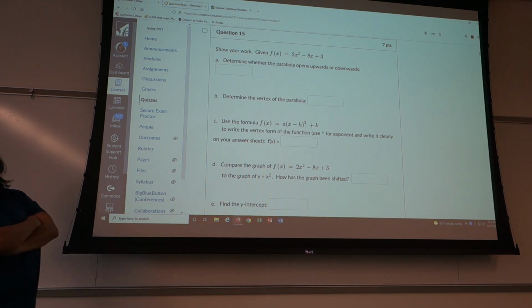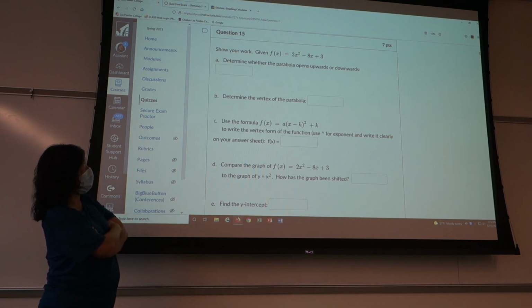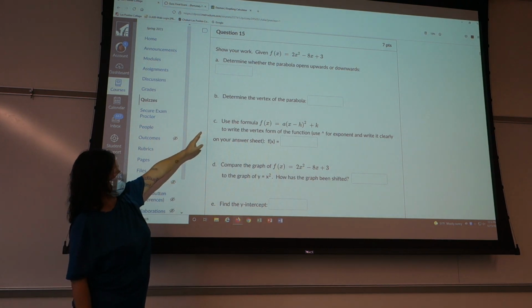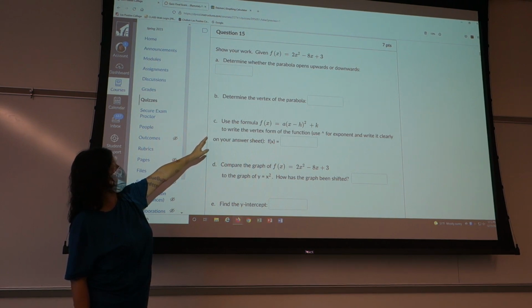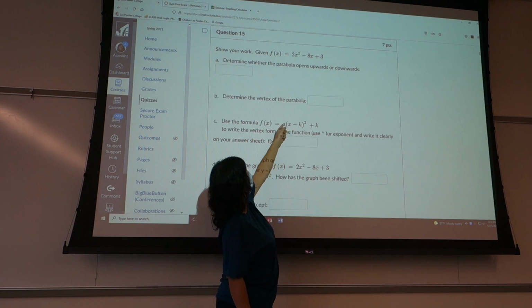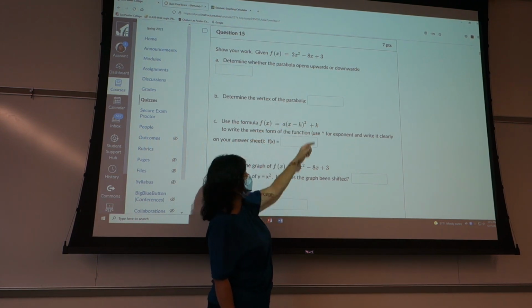Figure out where it opens upwards or downwards. Find the vertex, and then use this formula, a times x minus h squared plus k. Remember my vertex is h comma k. A is from the beginning, ax squared plus bx plus c.